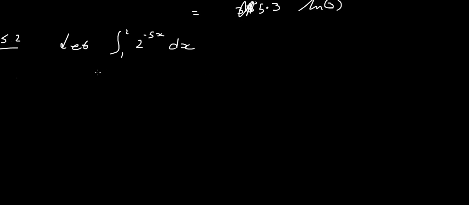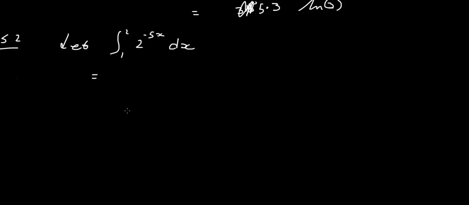Okay, so that is equal to the integral of 2 to the minus 5x is, let's just double check, I don't want to make a mistake. As I said, it's very useful to have that integration table given to you. It really helps. Here we go.